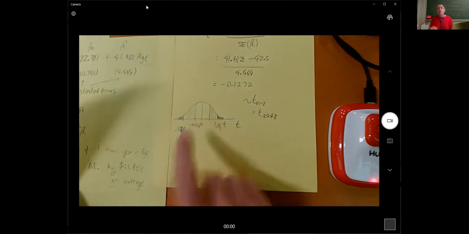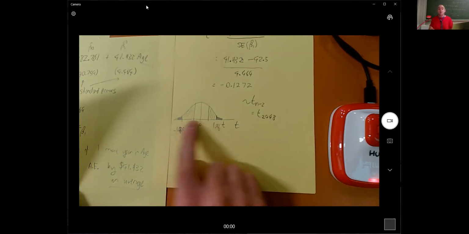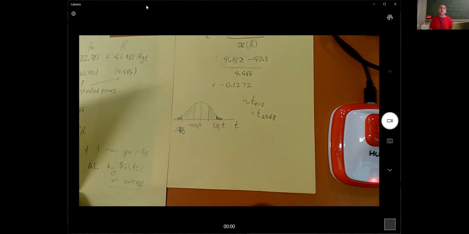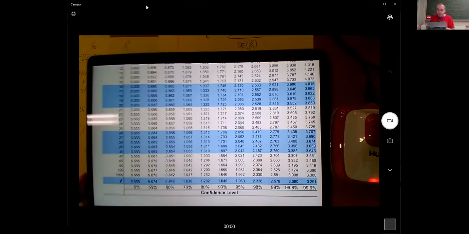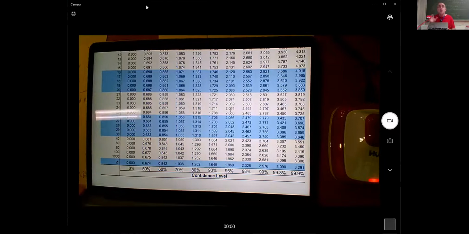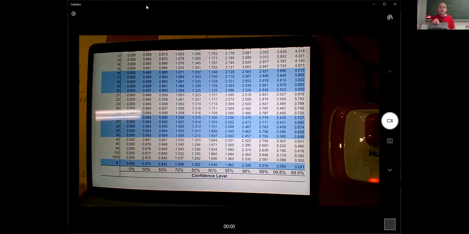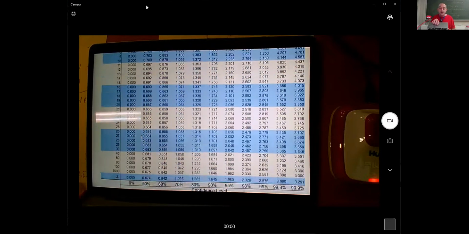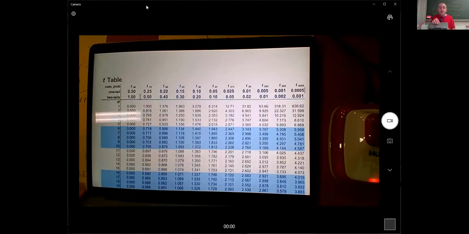My area is way bigger than that. In fact, my number is minus 0.127. It doesn't matter whether plus or minus, 0.127 is between here and here. And so the p-value is somewhere between 0.5 and 1.